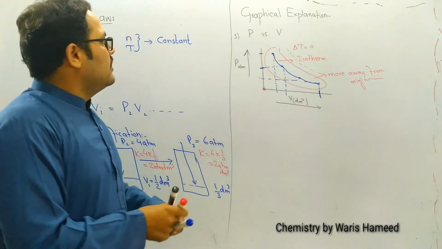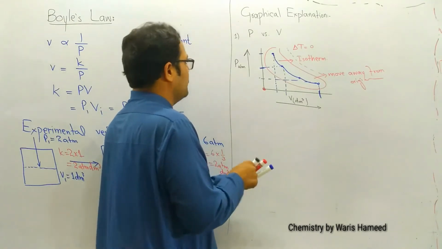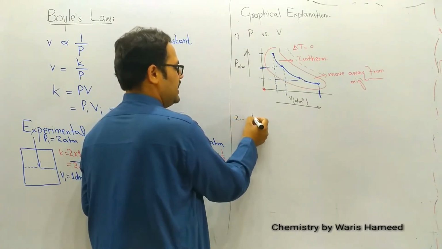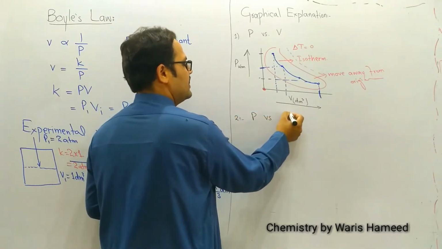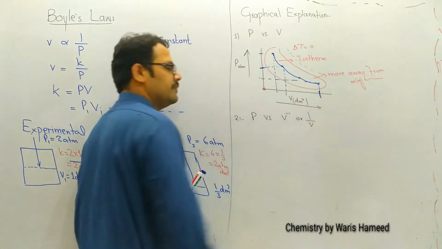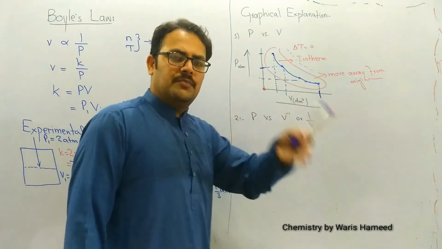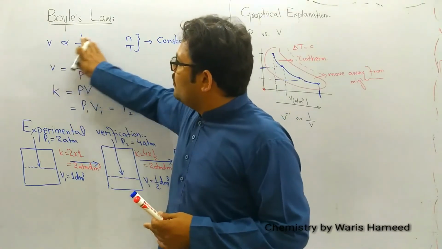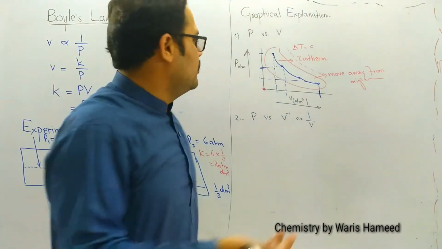Now, the second graph is between pressure versus inverse of volume, or 1 over V. We can say that pressure is directly proportional to the inverse of volume.